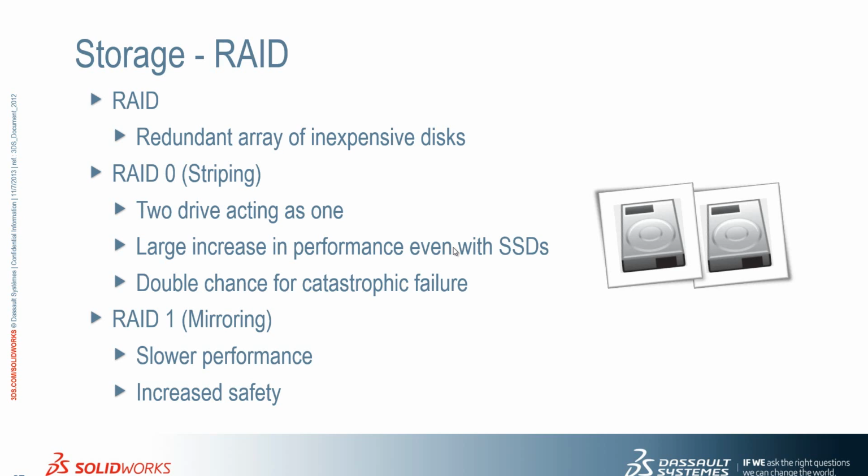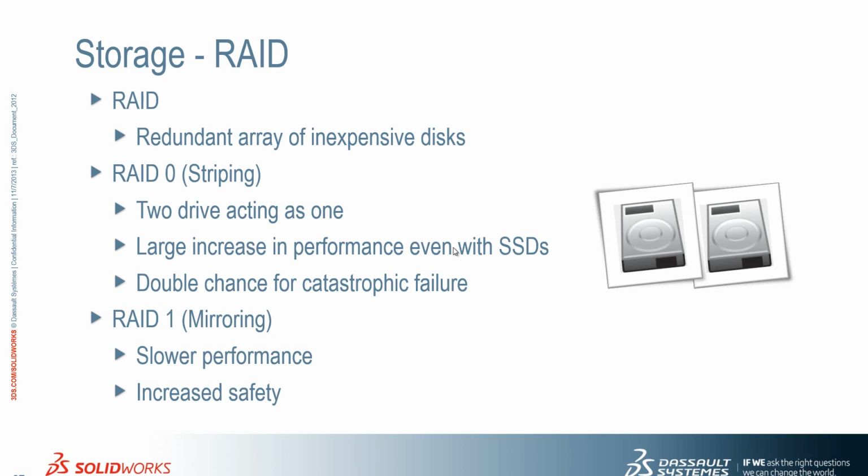What this does is improve performance, because it will take a file and split it into chunks, normally about 128k chunks, and it will put half on one hard disk and the other half on the other. Then when I query the file and I want to read it, it reads half from one and half from the other, and because of that I get double data rate. The data loads twice as quick into RAM. Well, it's not quite twice as quick, but it's definitely quicker than just having one hard drive on its own.